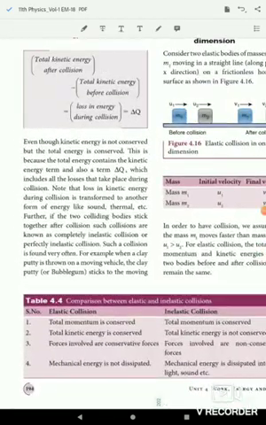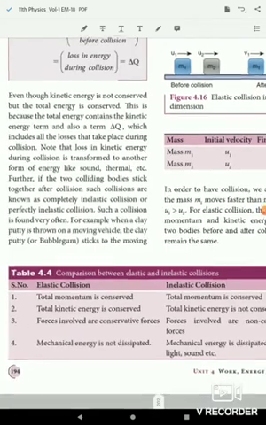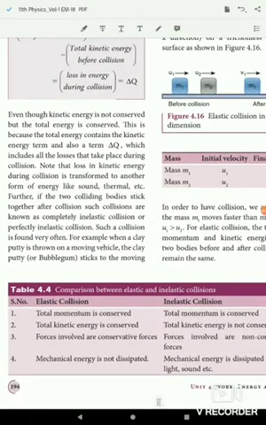And the difference between elastic and inelastic collision. This is a 2 mark or 3 mark question. In elastic collision, total momentum is conserved. In inelastic collision, total momentum is also conserved. Total kinetic energy is conserved in elastic collision. In inelastic collision, total kinetic energy is not conserved.